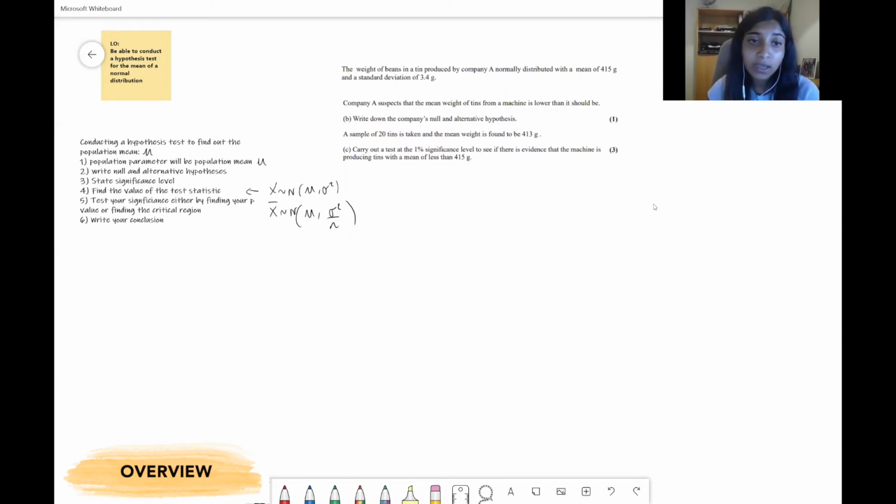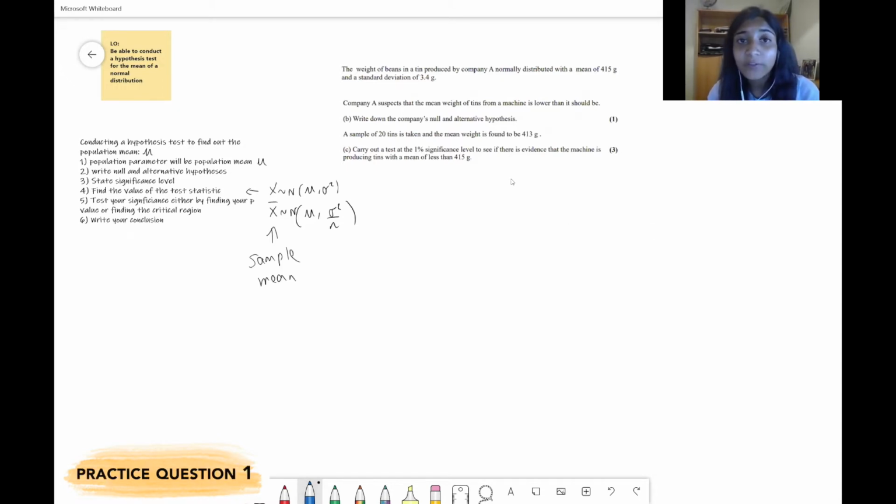So this X with your bar across, that's your sample mean. Then once you've done that, you can test your significance either by finding your p-value or finding the critical region, like we did with the binomial distribution hypothesis test, and then we just want to write down our conclusion. So let's try these steps out with this example here.